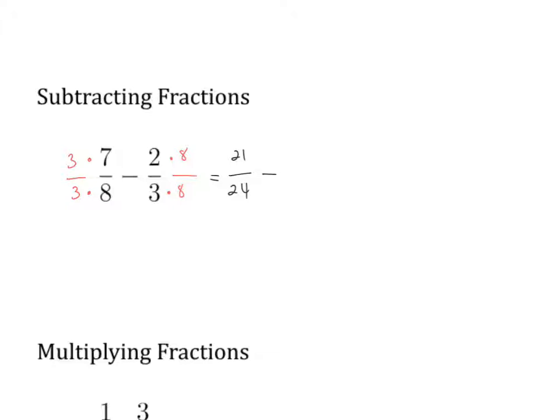And what I'm subtracting is 2 times 8 in the numerator, that becomes 16, divided by 3 times 8 in the denominator, which is 24. So now we have 21 24ths minus 16 24ths. Now I just subtract the numerators from each other. 21 minus 16 is 5, all divided by 24. So final answer, 5/24.